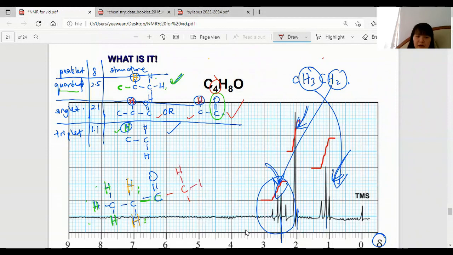This is my red protons, which are these. And so these would have no neighbors, singlet. These would have 3 neighbors, quartet, and these would have 2 neighbors, triplet.